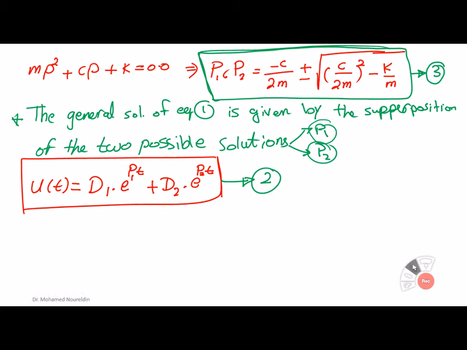Okay, so what are d1 and d2? This is d1 here, and we have d2 here. They are what? Yes, exactly, they are constants.